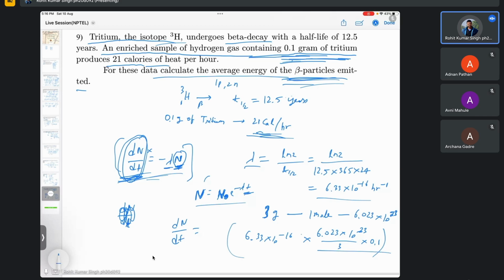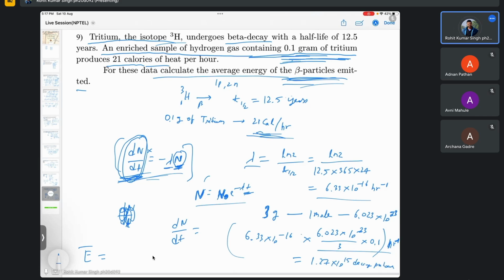So this whole thing is per hour, and this is the rate at which the nucleus is decaying. Now the average energy is what we want to find. If you calculate, it comes out to be 1.27 into 10 to the power minus 15 decays per hour.